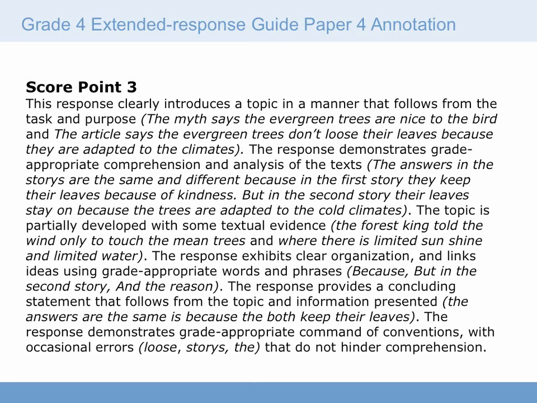That's more evident of a Level 2 paper, but it does exhibit clear organization and links ideas using grade appropriate words and phrases. There's a concluding statement that follows from the topic and the information presented. The grade appropriate command of conventions with occasional errors is evident. So most of the scores that the student receives are 3s. Holistically, the paper is scored as a 3.